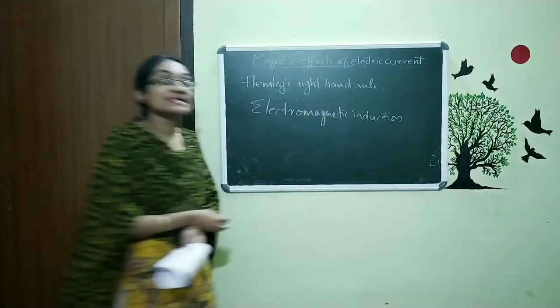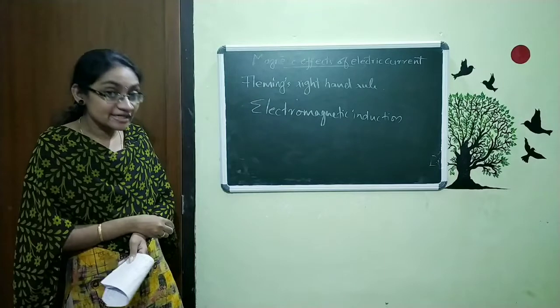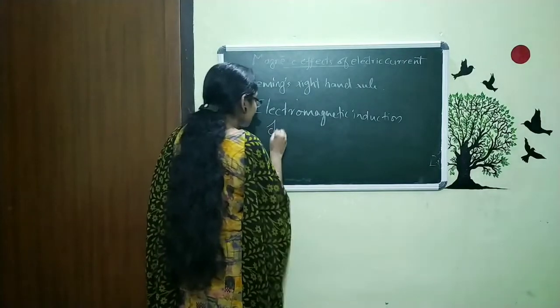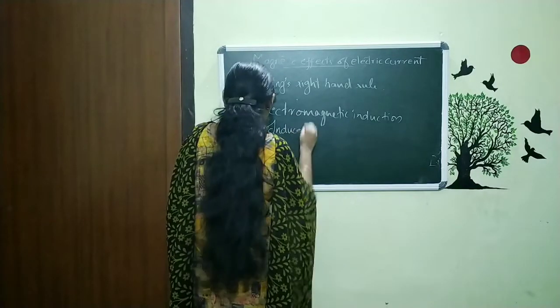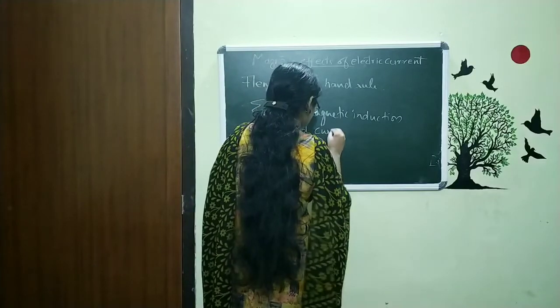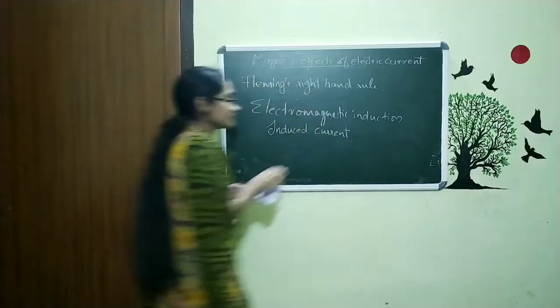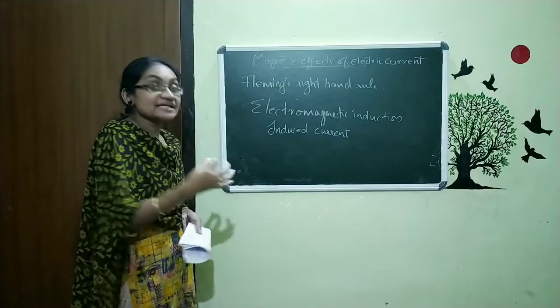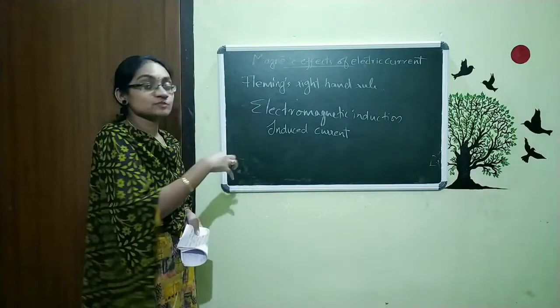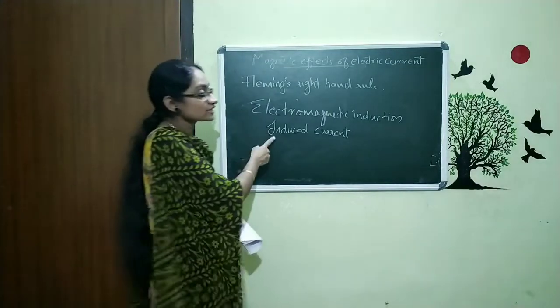What is the name of that current? The current produced is called induced current. That means the current produced when the magnet is moving or the conductor is moving is called what? The induced current.